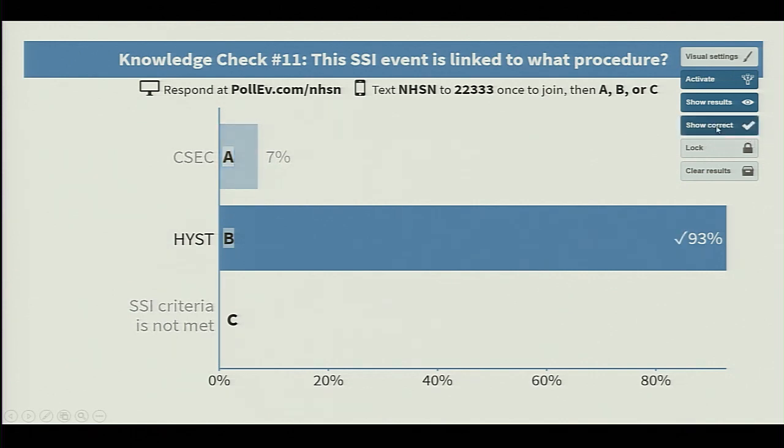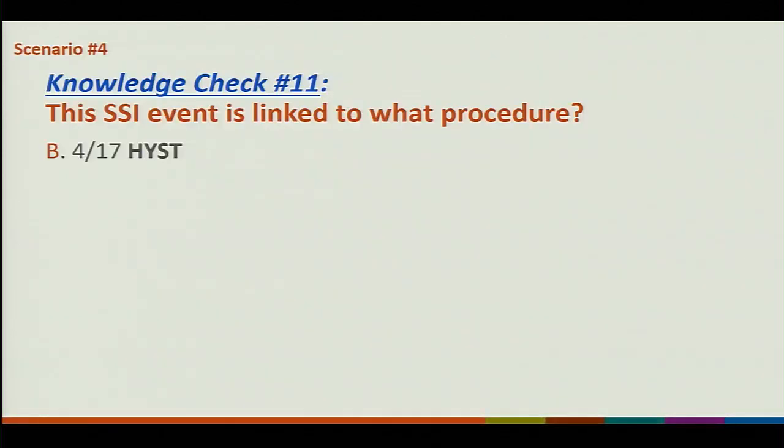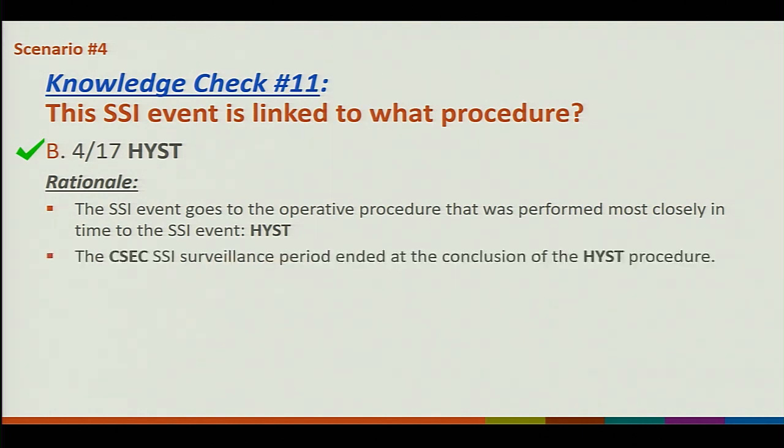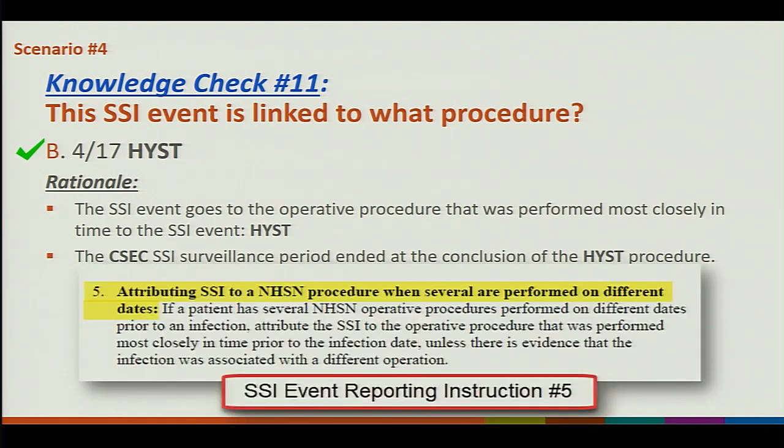So the correct answer is B, HYST. The rationale for this: the SSI event goes to the operative procedure that was performed most closely in time to the SSI event, and that would be your HYST procedure. Remember that the CSEC SSI surveillance period did end at the conclusion of that HYST procedure.